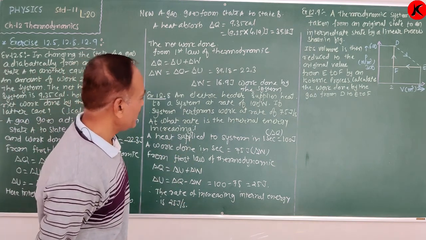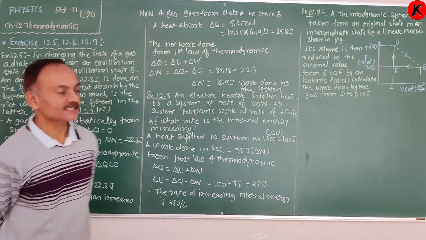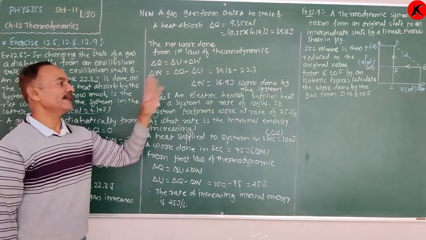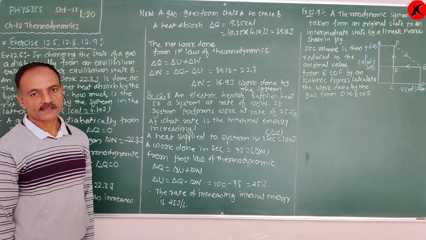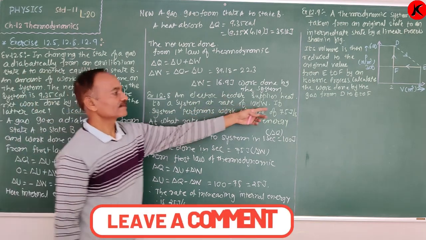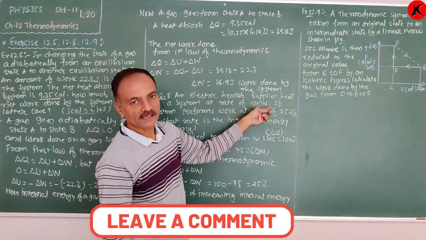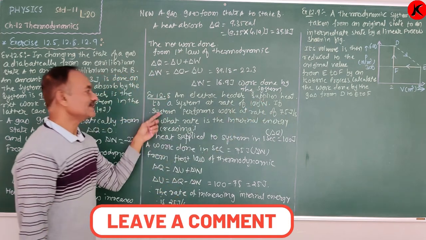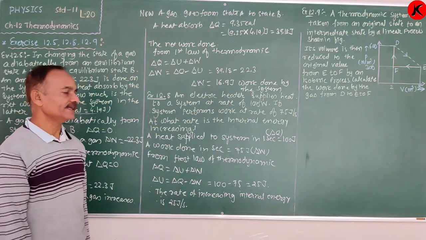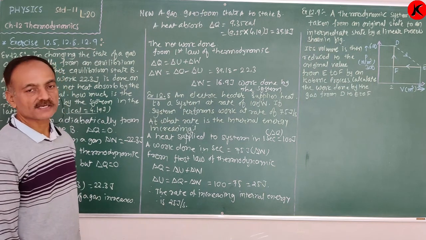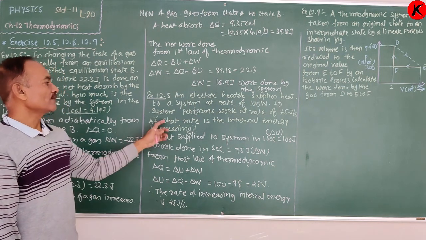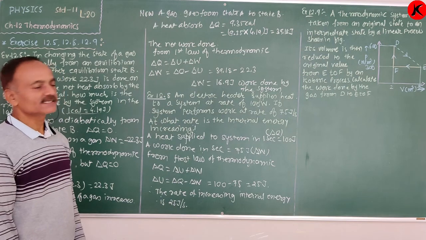Again, we repeat it. An electric heater supplies the heat to a system at a rate of 100 watt. The power is given, that means joule per second. If the system performs the work at a rate of 75 joule per second, at what rate is the internal energy increasing?